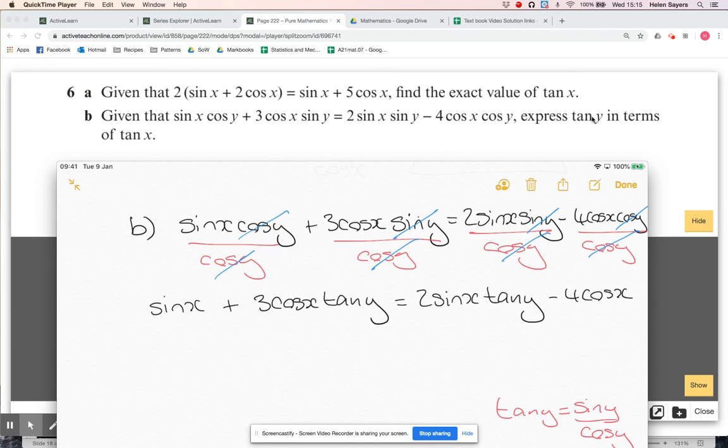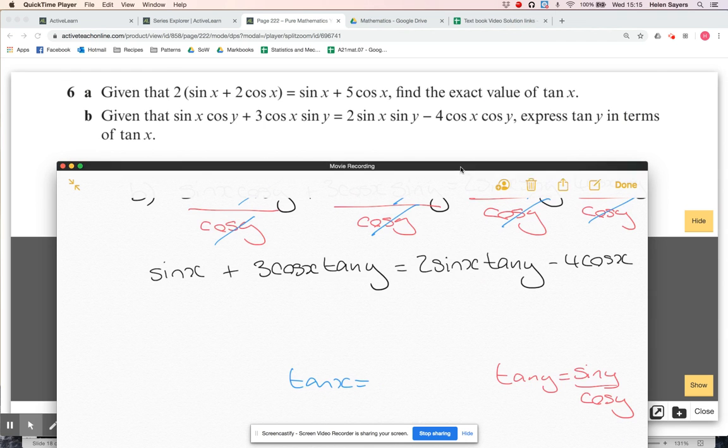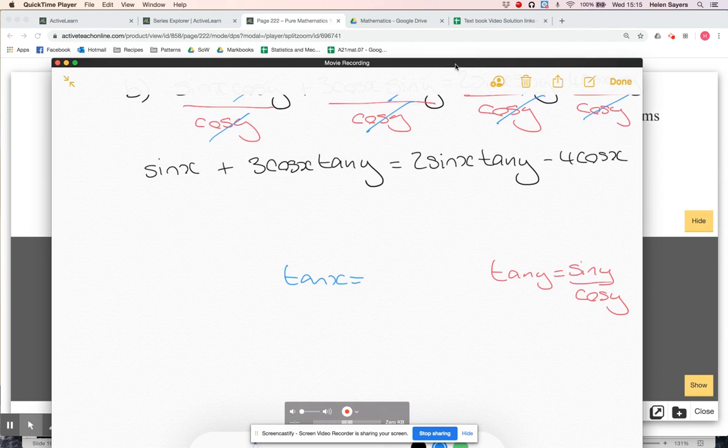Right, so let's use the same logic to get tan x. So tan x is sine x over cos x. So let's try dividing everything through by cos x.